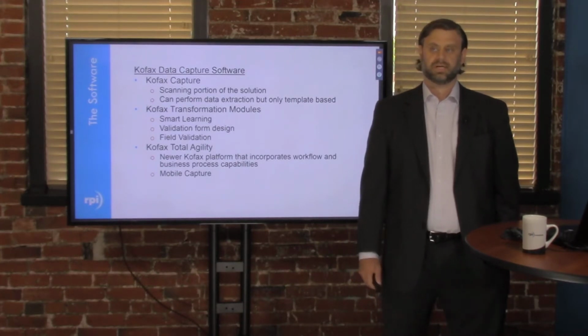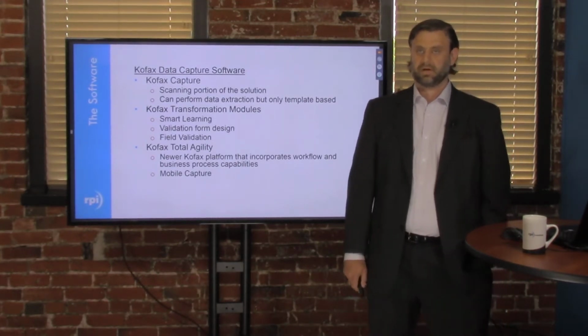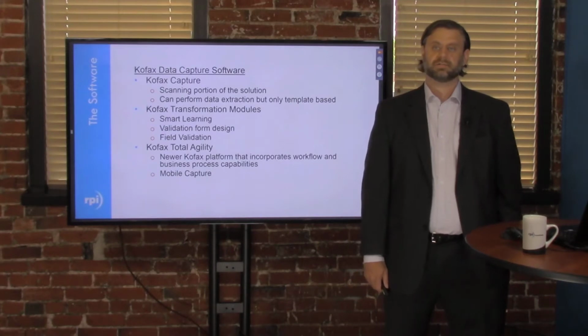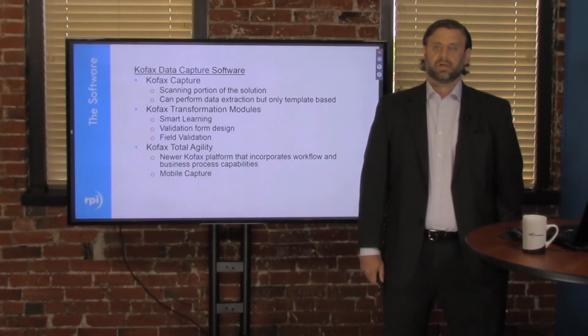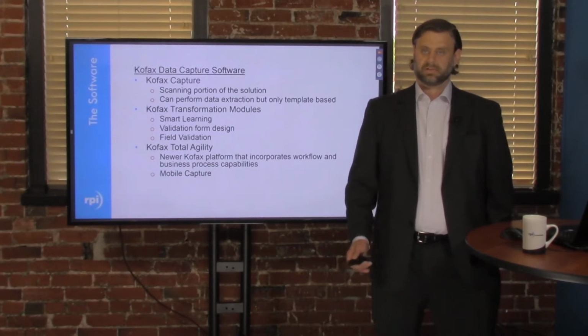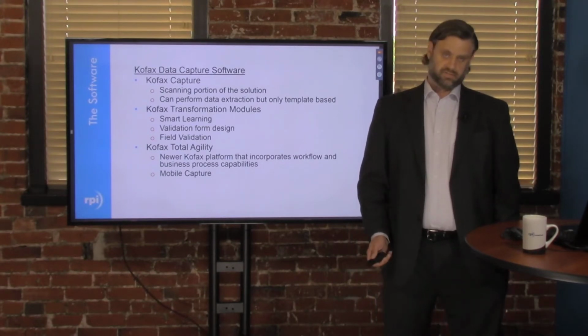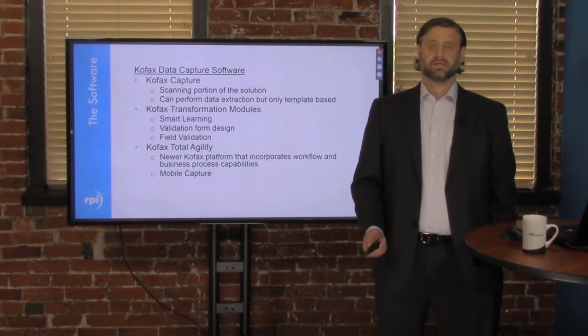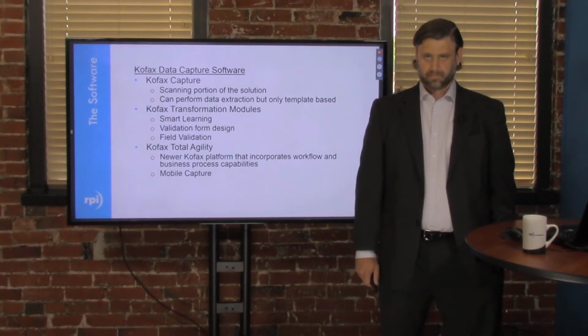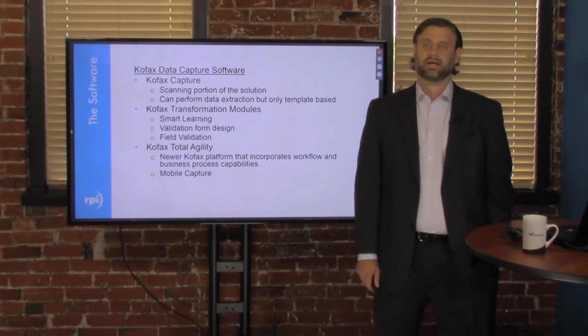Also, if you're going to be ingesting emails, things like that, that all happens in the capture portion of Kofax. And then the transformation modules is where all the smart learning happens, where you design your validation forms, and you build in all your field validation and formatters. So those two pieces usually go hand in hand.